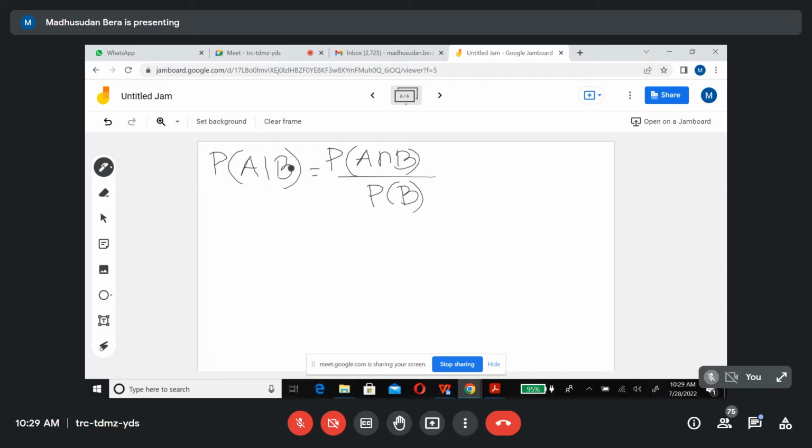Probability of A given B will be P of A. Here we are finding probability of A assuming the event B has already occurred. Certainly B has happened. So P of A given B is finding the probability of A assuming the event B has occurred. So when they are independent, that case P of A and B are independent.